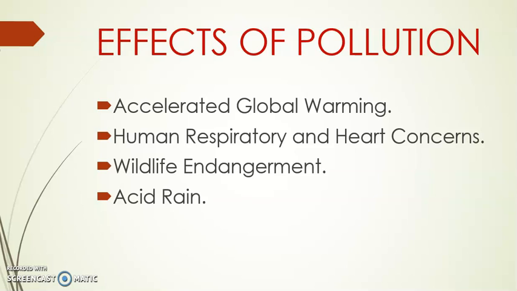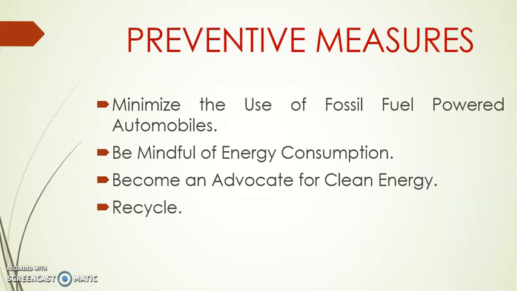There will be a chance of animals and rare species becoming extinct, and regularly acid rains will come that will again affect agriculture. And what are the preventive measures we need to take to overcome these problems?